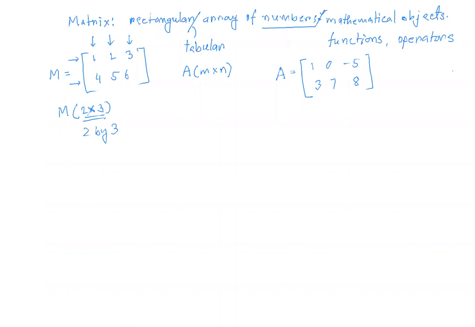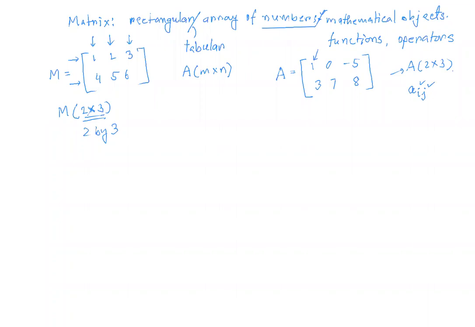A is a 2 by 3 matrix, right? Now, individual entries or individual elements of the matrix are denoted by Aij. So for matrix A, the element in the ith row and jth column is denoted by Aij.